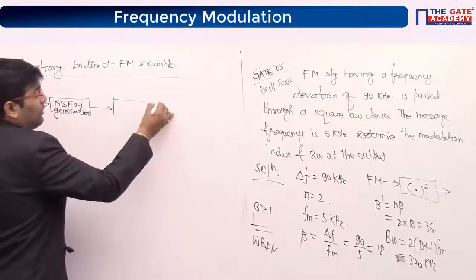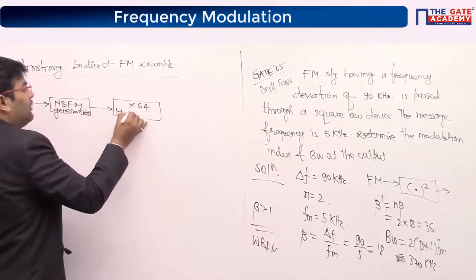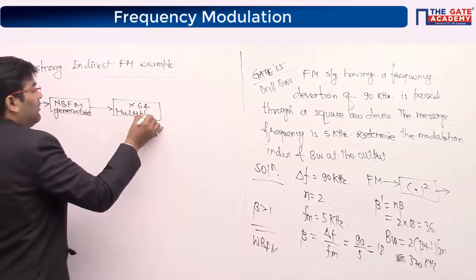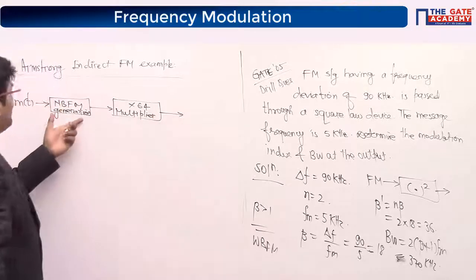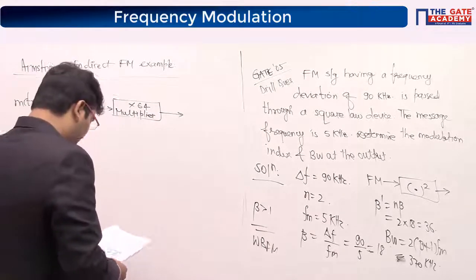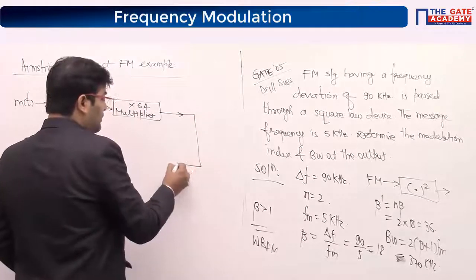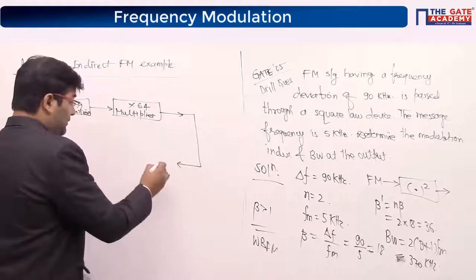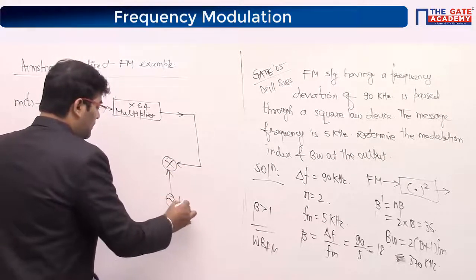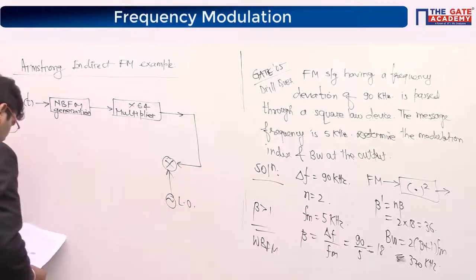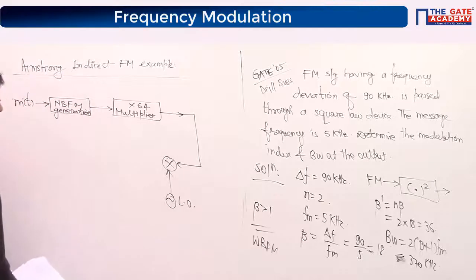Then it goes into a multiplier which is times 64. The narrowband output goes into the times 64 multiplier, and then it goes into a mixer. It has some carrier signal generated from a local oscillator, generally known as a local crystal oscillator.